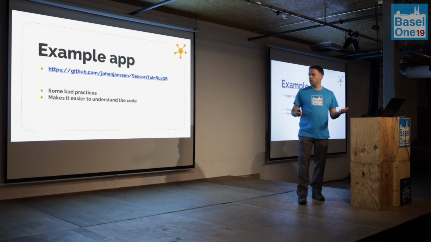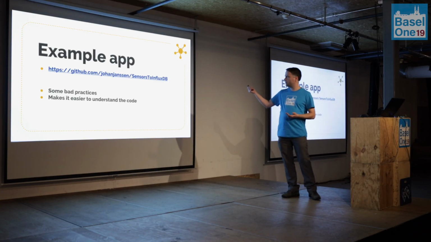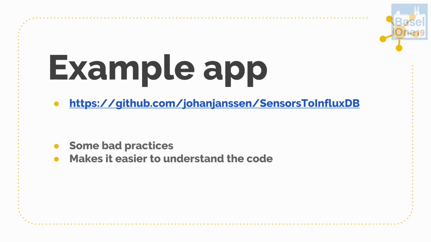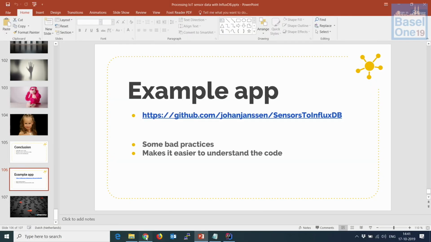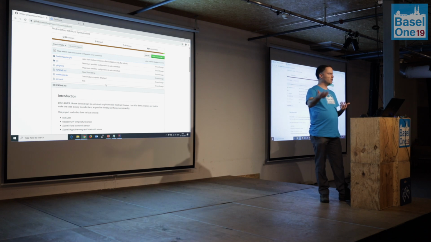I've got quite some experience with traditional relational databases, which also work quite nicely, but for time series, this is quite a nice application. If you want to look into it or want to run it yourself, there's the Sensors to InfluxDB project on GitHub. This includes basically everything, not only the Spring application that I've shown before, but also all the scripts to configure everything: to download the libraries, the configuration that you need for your Raspberry Pi.